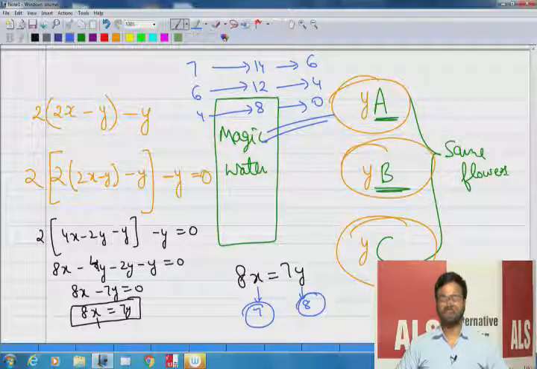X is equal to 7 flowers he has started with. Okay, that's great.